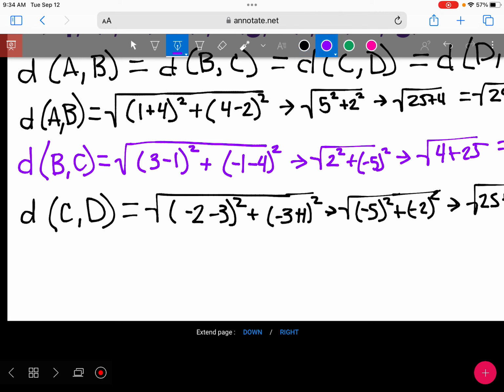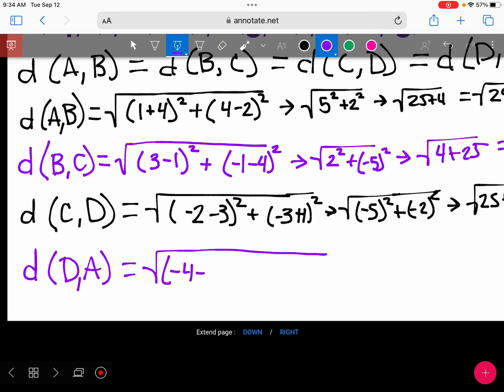All right. The last distance. Distance of D to A. Square root. Start with negative 1. You can do negative 4 minus negative 2. You can absolutely do it that order.